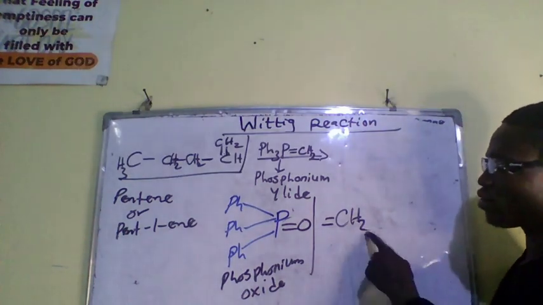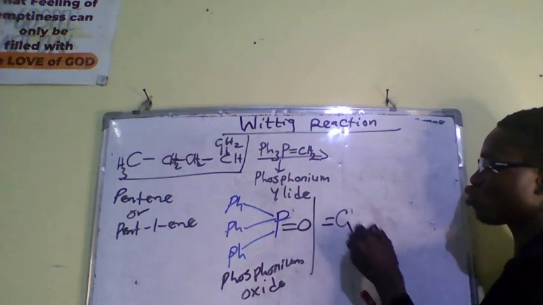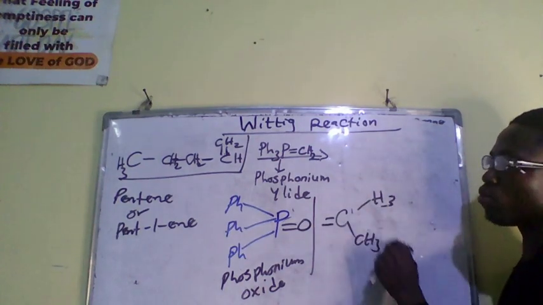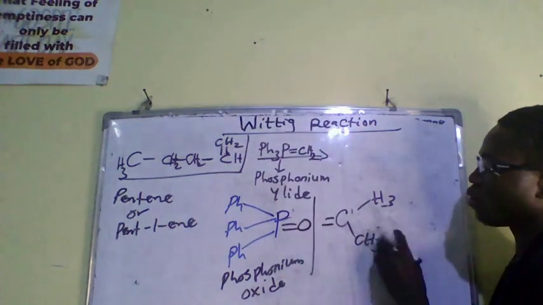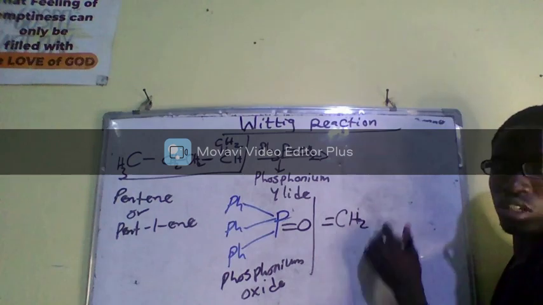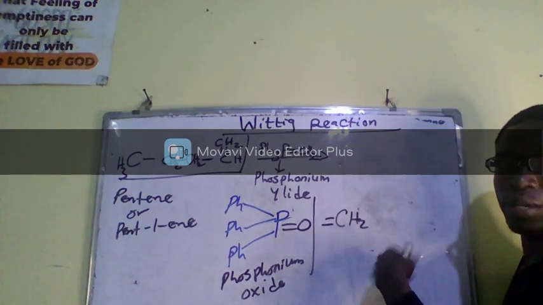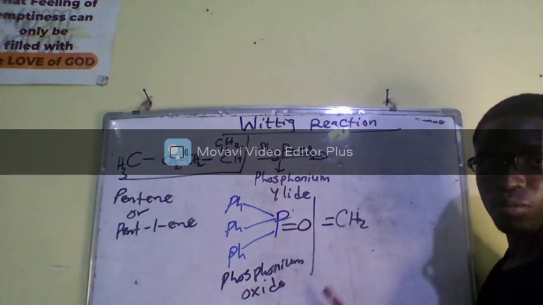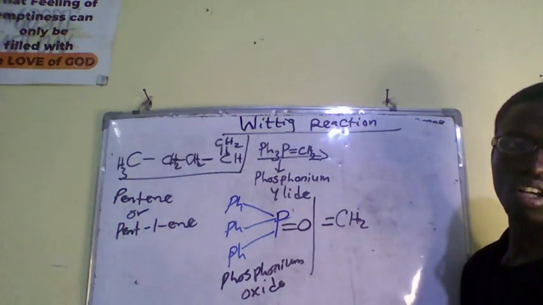And sometimes these hydrogens might be replaced by alkyl groups. If it is an alkyl group, that means this chain will increase even more. But if it is just H2, we don't have an issue, because each hydrogen can be replaced by an alkyl group. You know that. But in subsequent videos, maybe I'm going to try to expatiate on that.